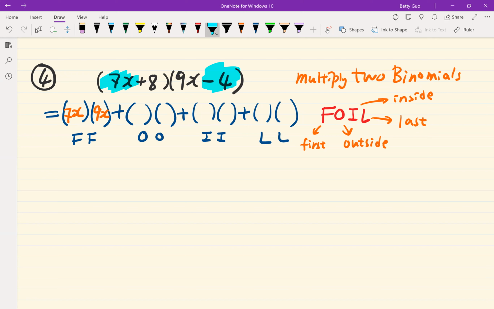I showed you the 2 outside, right? Those 2 terms are on the outside, so you put them here. Outside. And those 2 terms are on the inside, so you're going to put them here. 8 and 9x multiplied together is inside. Last.